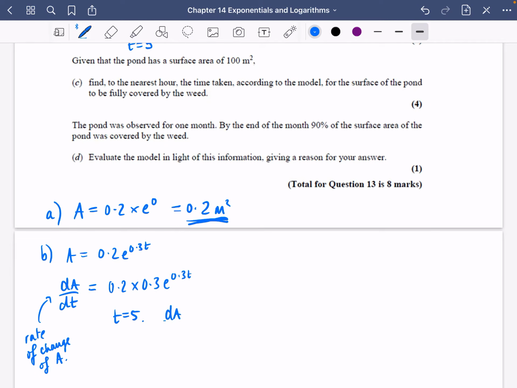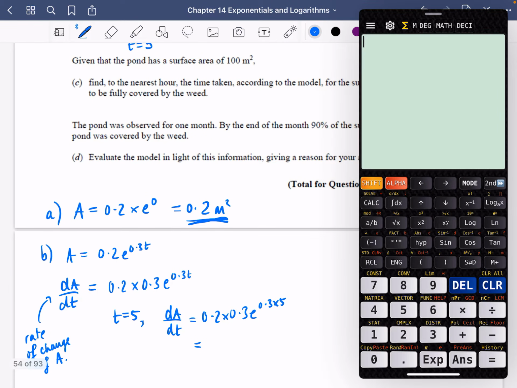So dA/dt is going to be 0.2 times 0.3 times e to the power of 0.3 times 5. And I'm just going to whack that in my calculator. 0.2 times 0.3 e to the power of 0.3 times 5.